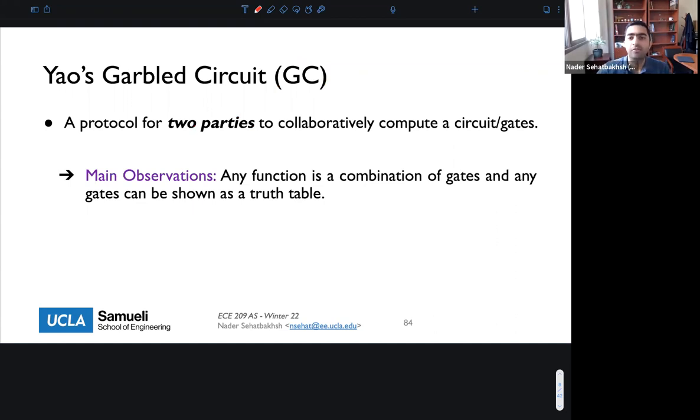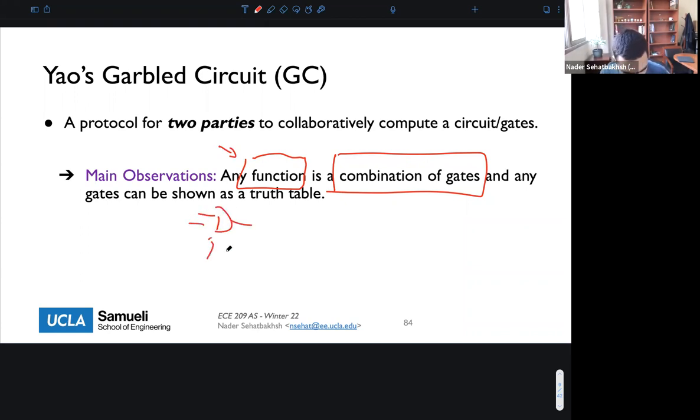So the main observation in garbled circuits, the first step in getting garbled circuits initialized, is that essentially we show any function as a combination of gates, right? This very same idea that we built RTL systems and digital logic on, essentially GC also does the same thing. So given any function, what we first do is we create the gate level equivalent of the problem and the solution, and then we basically create the gates for the system, all right?